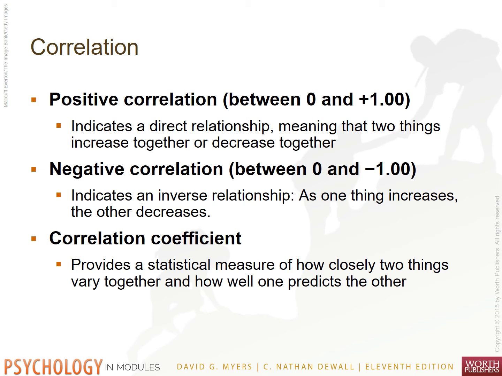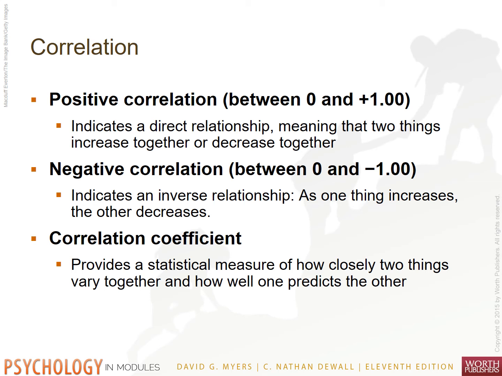The negative correlation goes in the opposite directions. So as one variable increases, the other variable decreases. So for example, Facebook usage or Instagram usage and hours studying. So the more time you spend on your Facebook or checking your Instagram or doing your other social media activities, the less time you spend studying for school.